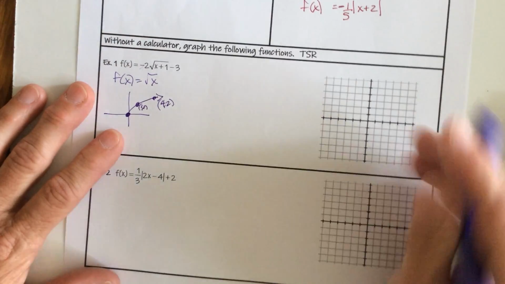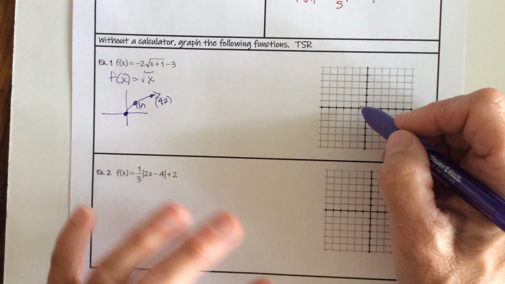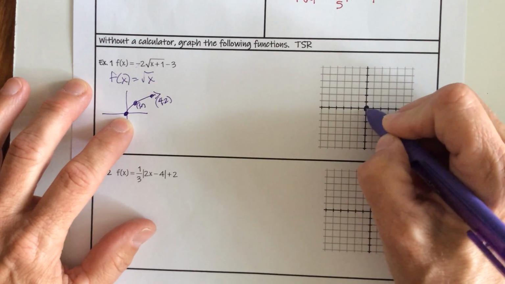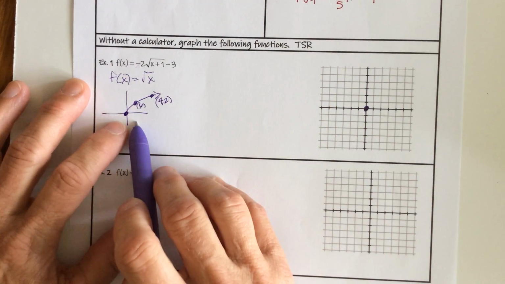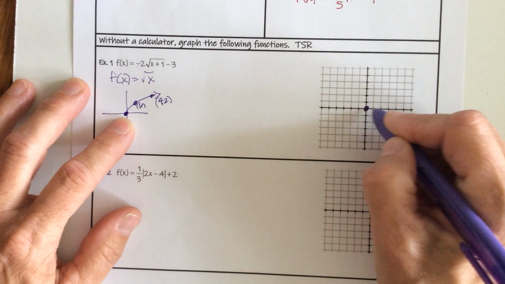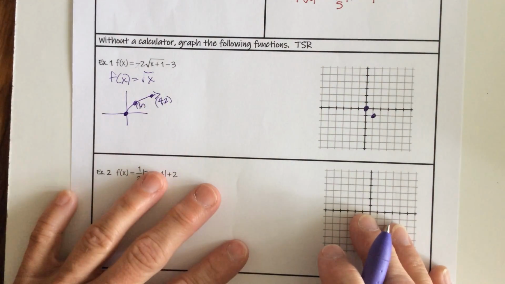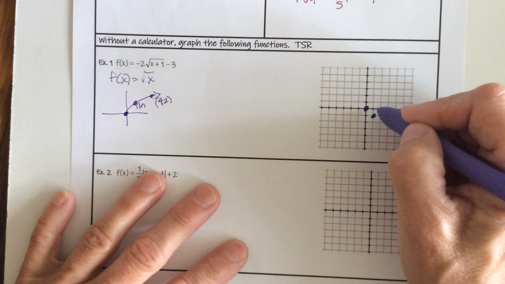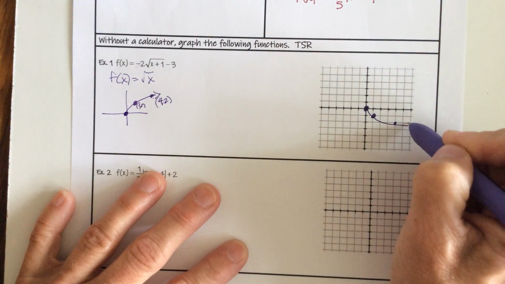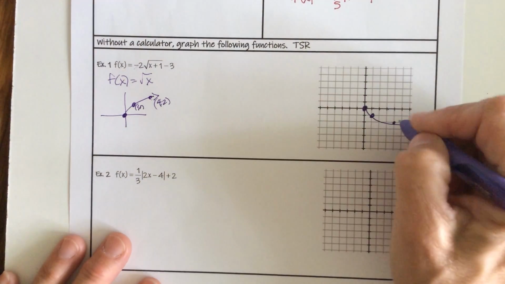So if I were to begin the process without creating a table, I would still have a point at 0, 0. When I reflect the graph across the x-axis, my x value stays 1, but my y value becomes -1. So my point would be right there. And then I have a point at 4, 2 here, 1, 2, 3, 4, 1, 2. My graph would be reflected across the x-axis, and it would look like this.